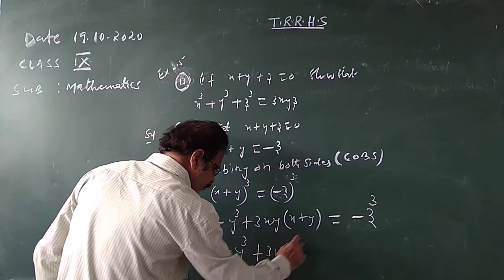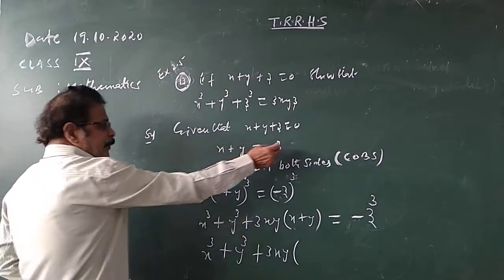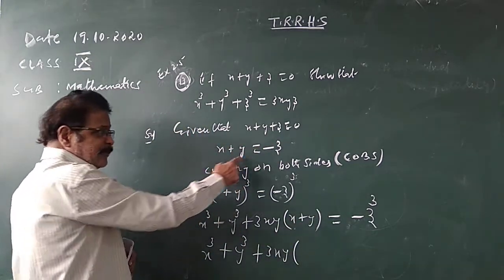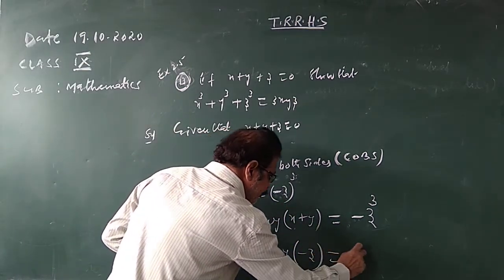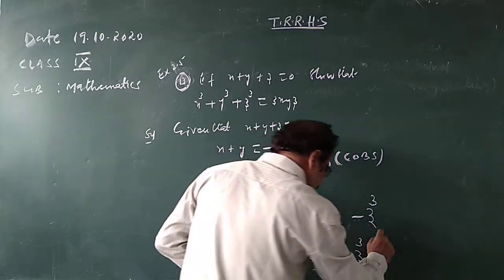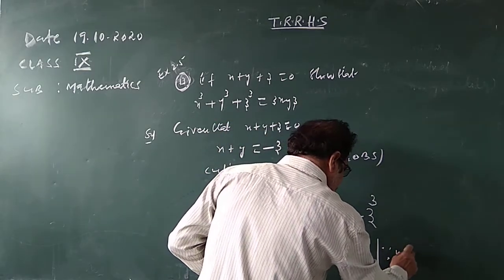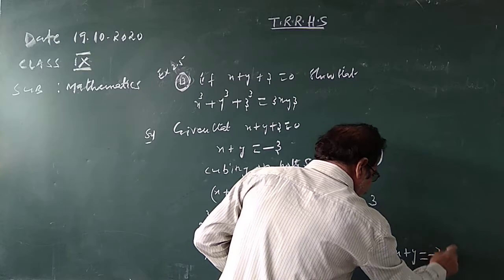Now, x cube plus y cube plus 3xy into x plus y is equal to what? Instead of x plus y we can put minus z. Here write the reason: x plus y equal to minus z.